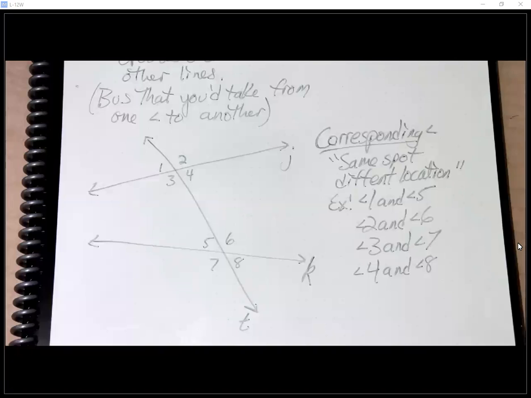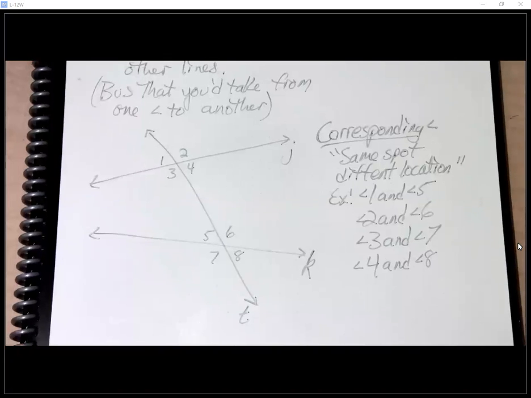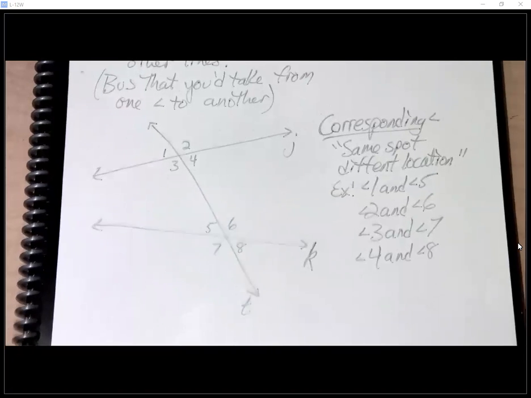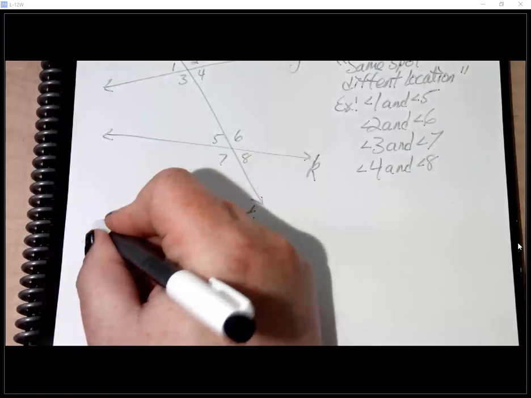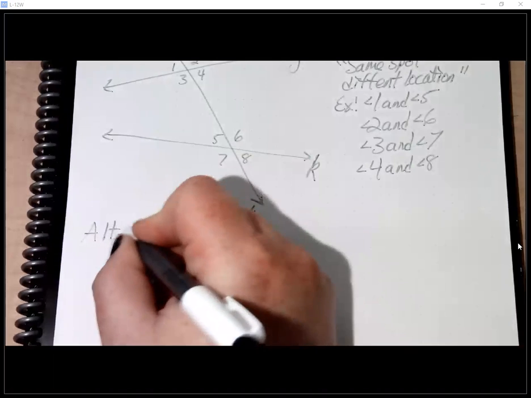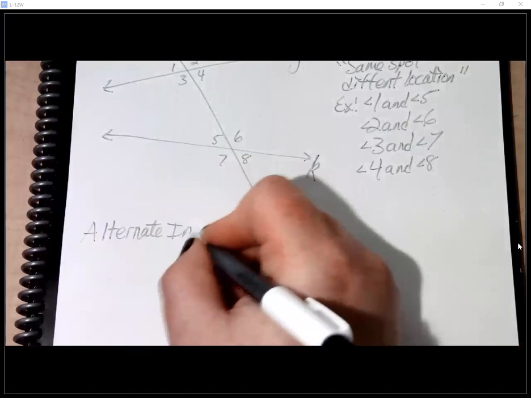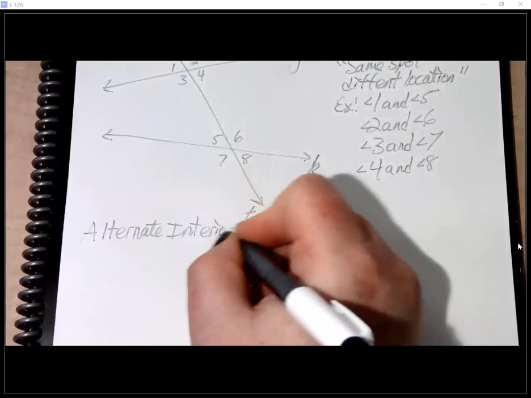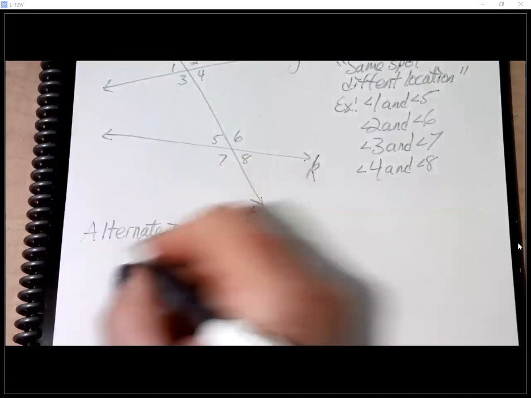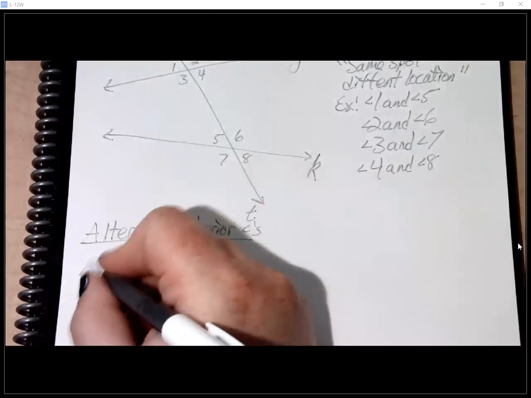Yeah, let's do that. Okay, so the next four, I'll put them over here so I have a little bit more space. One of them is going to be alternate interior. Then we'll have alternate exterior.